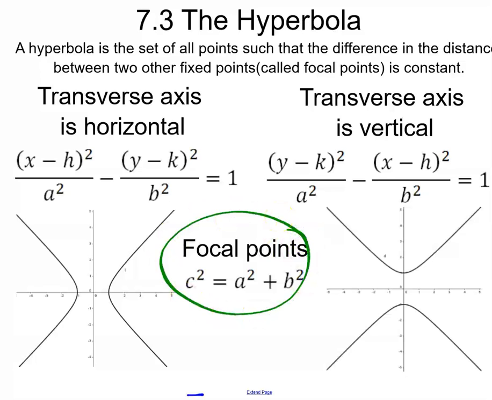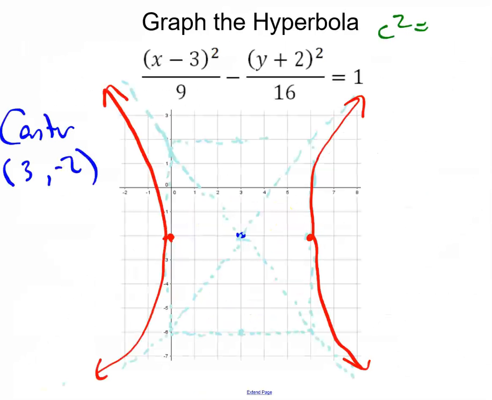This time the a squared plus the b squared gives you the c squared. So that's going to be 9 plus 16. So c squared is 25. C equals 5. So in this case, our focal points will be 5 units away from the center.